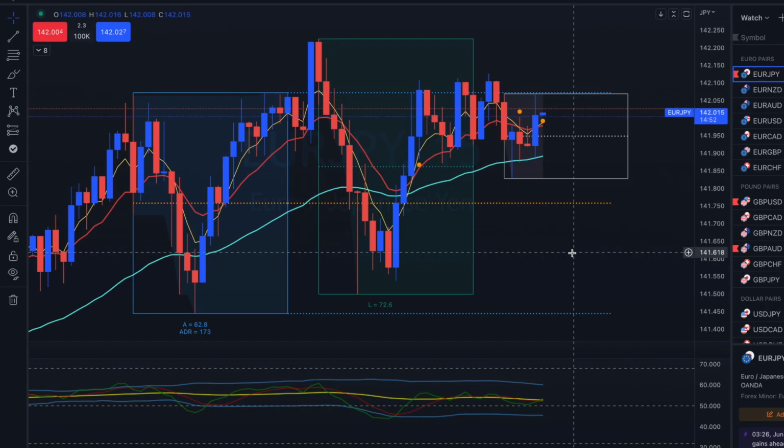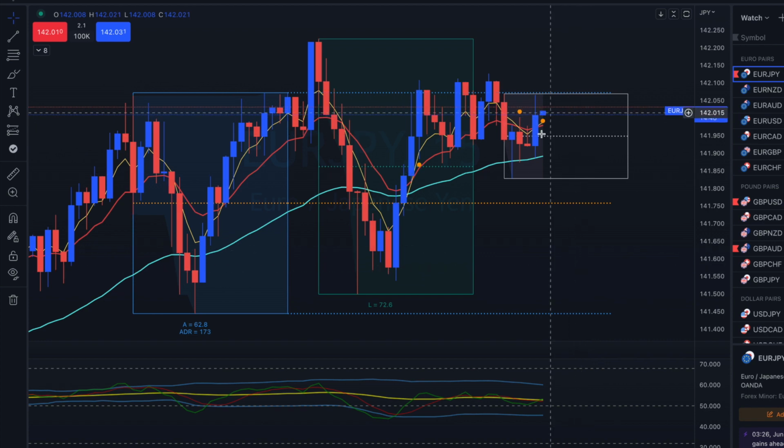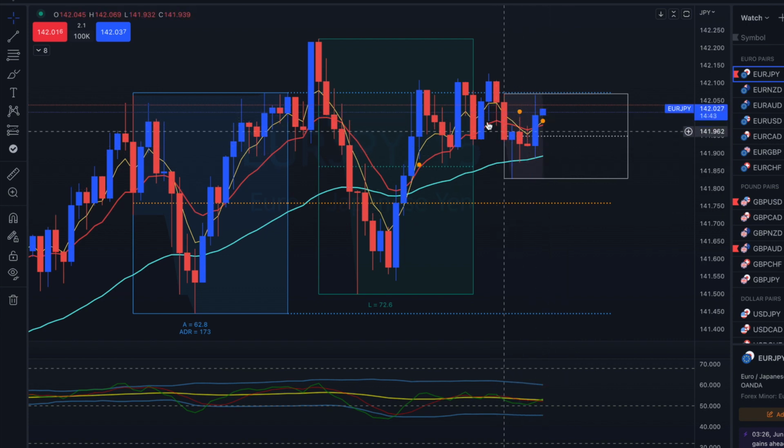All right, so looking at Euro JPY, where are we right now? We just had a really nice candle that helped us create a very good star pattern, a triple star pattern, meaning with the 3 dojis here.